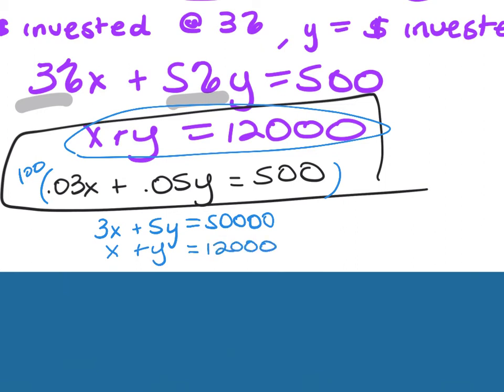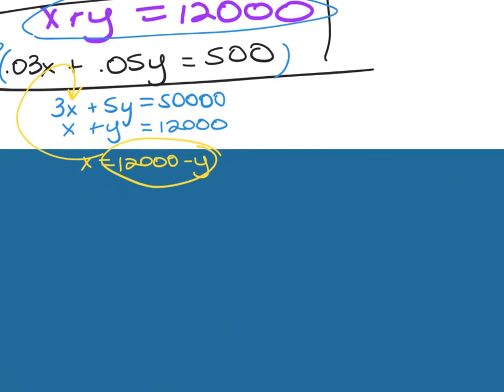Now, right now we have two options for solving systems. We have substitution and graphing. Obviously, I don't want to be graphing something that has a y-intercept of 12,000. So I'm going to go with substitution, okay? I'm going to pick the bottom one because those variables don't have anything attached. Then I can solve for x. So x equals 12,000 minus y. And then take that and plug it in for the x.